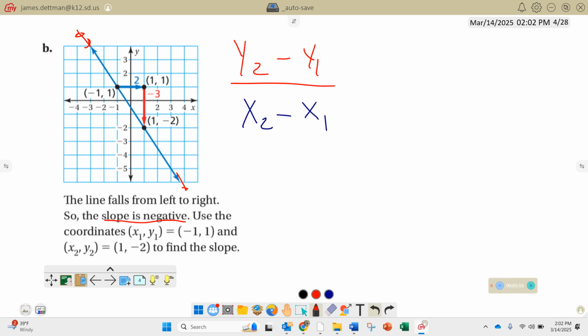Okay, so let's take a look at that. Our y2 is -2. See how that's -2? And then our y1 is 1. So -2 minus 1, that would equal -3.